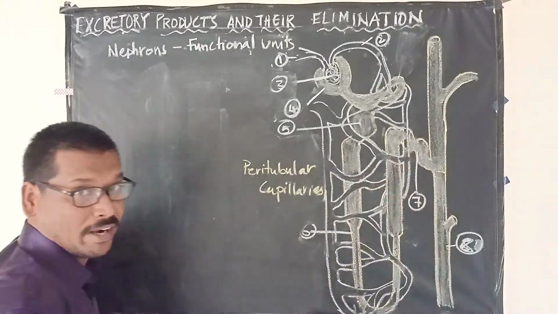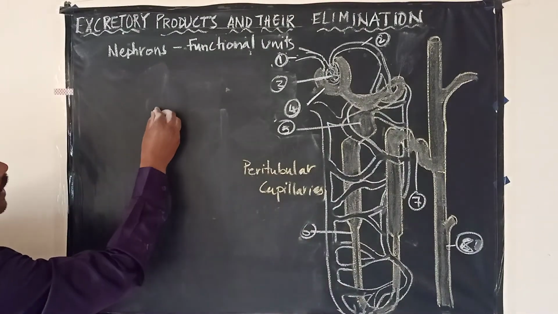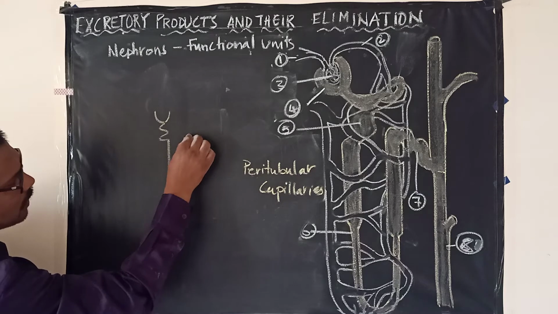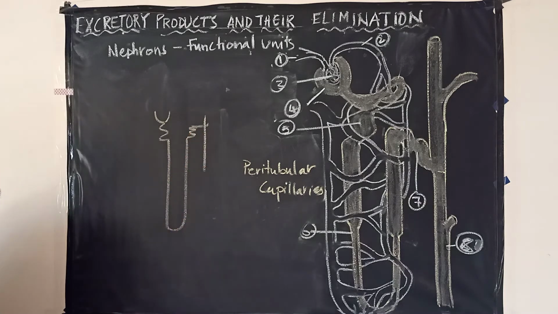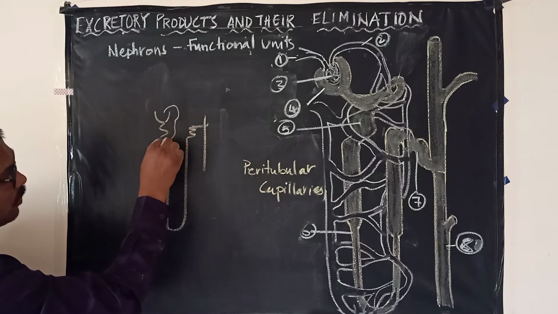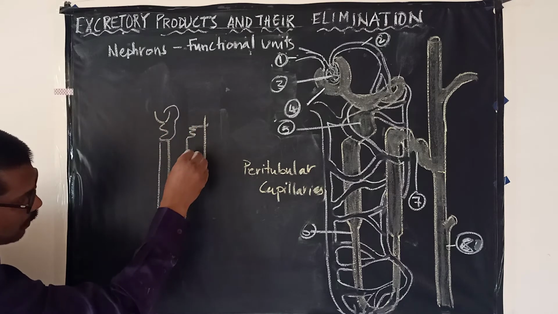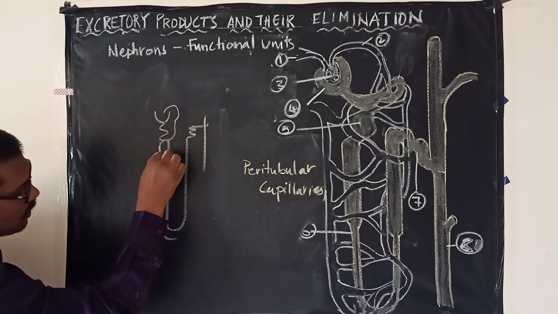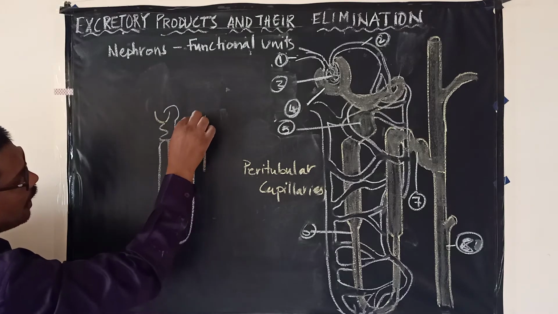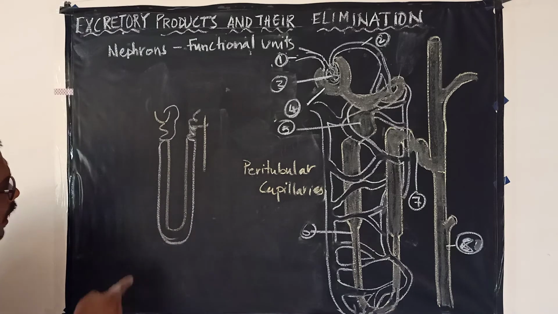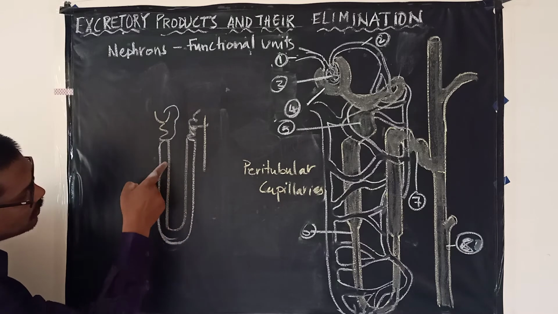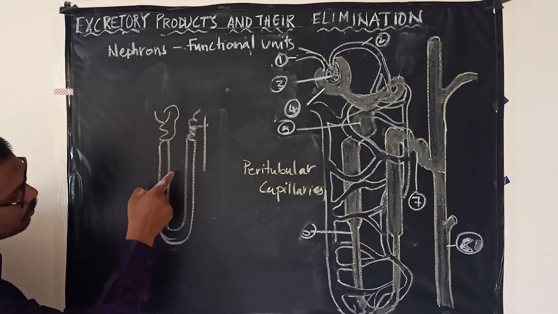Put simply, if this is the nephron present like this, from the efferent arteriole I am just showing you the other blood vessel formed from the peritubular capillaries. Again it is coiling here, and it is going like this. This fine network of blood vessel is present around the descending limb and the ascending limb of the Henle's loop.